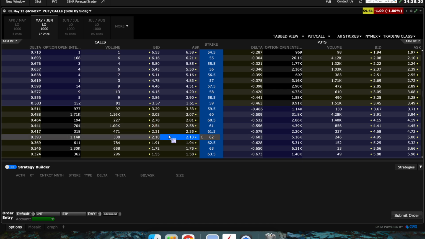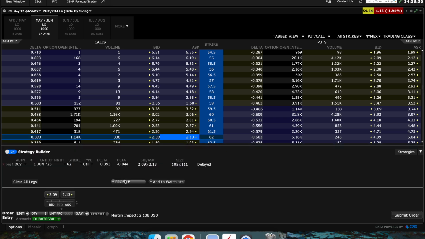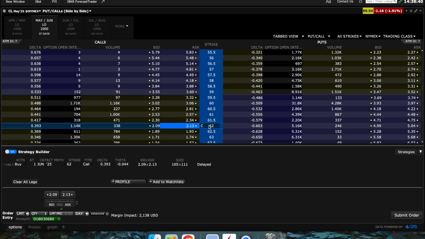So for example, if I decide to go and buy the 62 call option, then if you go to the ask side, so this is the ask, you can also see it's blue and it says buy leg. You press buy. So basically it means that you will be buying and paying for this option at strike price 62.